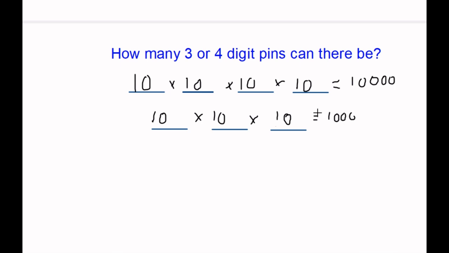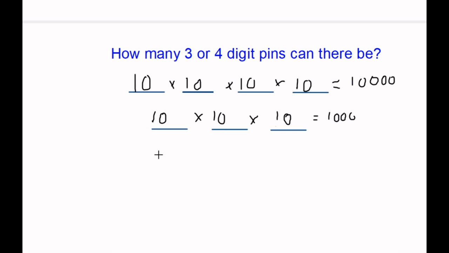Now we could probably figure out without the additive counting principle, if you have 10,000 4-digit pins and 1,000 3-digit pins, the number of ways that you have 3 or 4-digit pins is just the sum of those two. And that's really what the additive principle is.